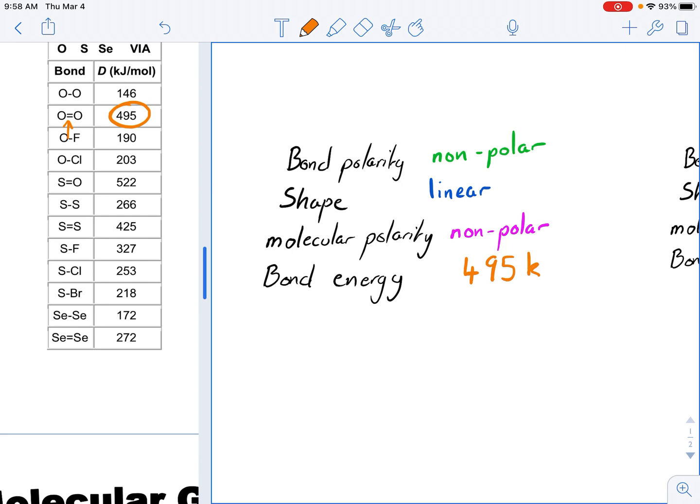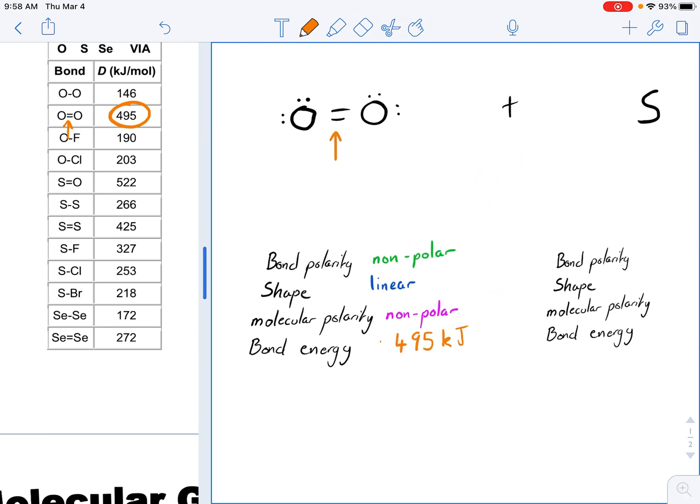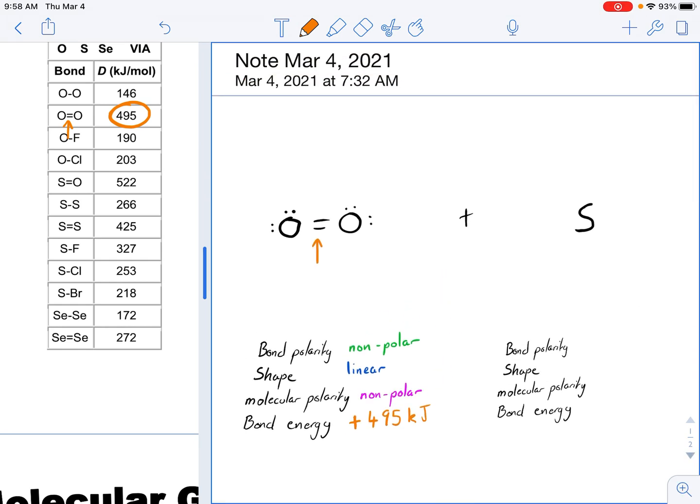495 kilojoules of energy is required. Now, this is a positive amount of energy. Anything that is on the left-hand side requires me to add energy in to break these bonds. So anything on the left-hand side is going to be a positive energy amount.